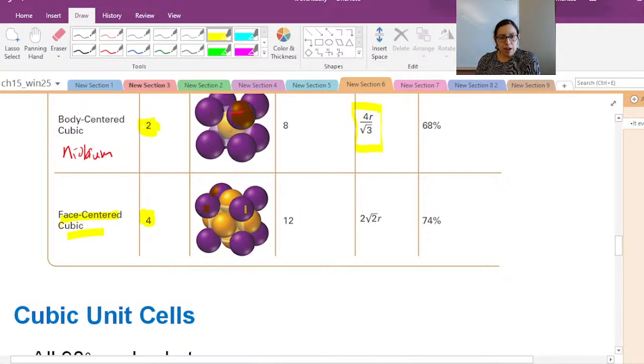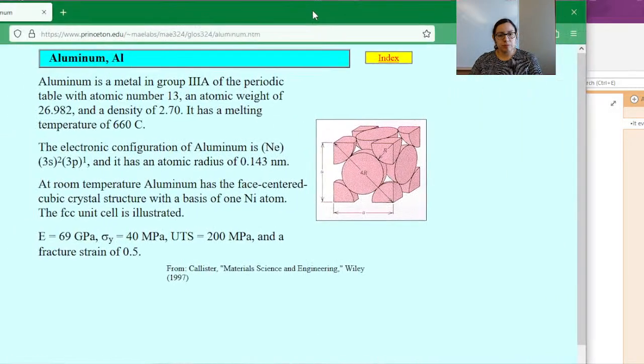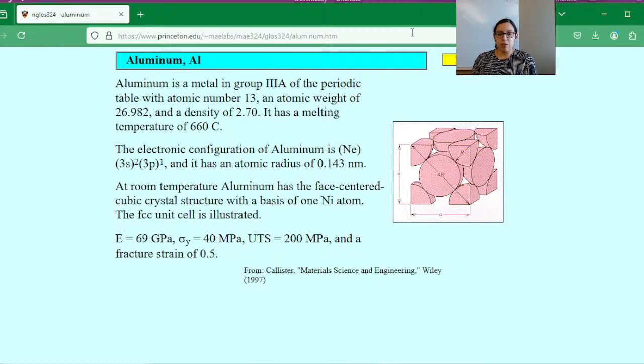Again, we have 1/8 of each corner atom, as shown in purple. And then we have 1, 2, 3 halves in there to give us 3, or 6 halves, right?